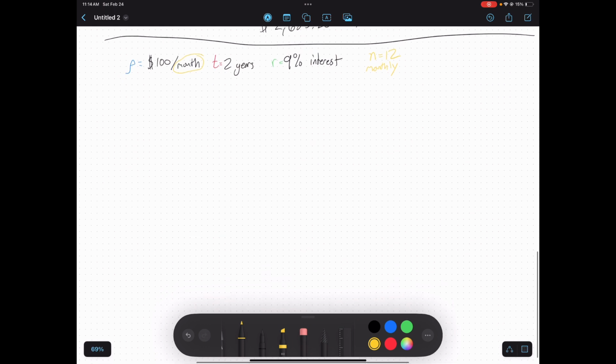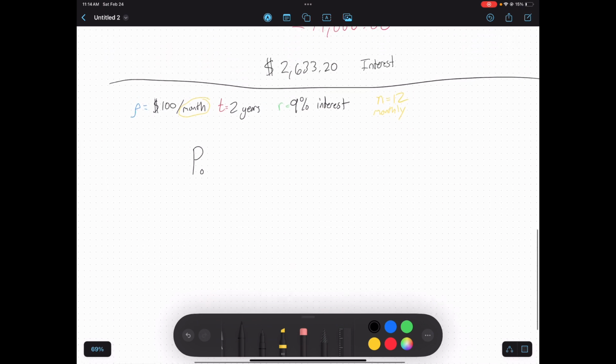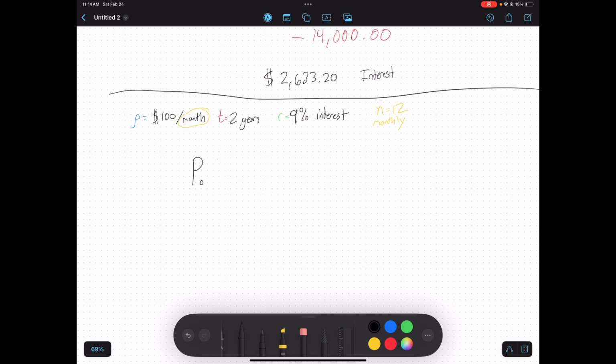Okay, so let's set up my amortization formula, but this time, I don't know P naught. That's what I'm going to solve for: what size of loan can I actually take out here. But I do know everything else.